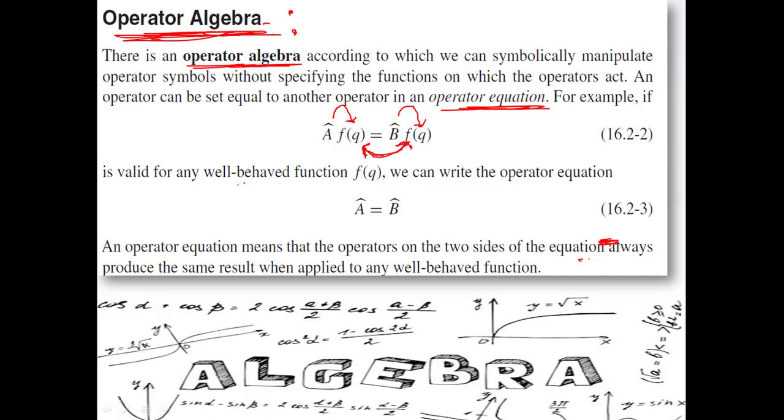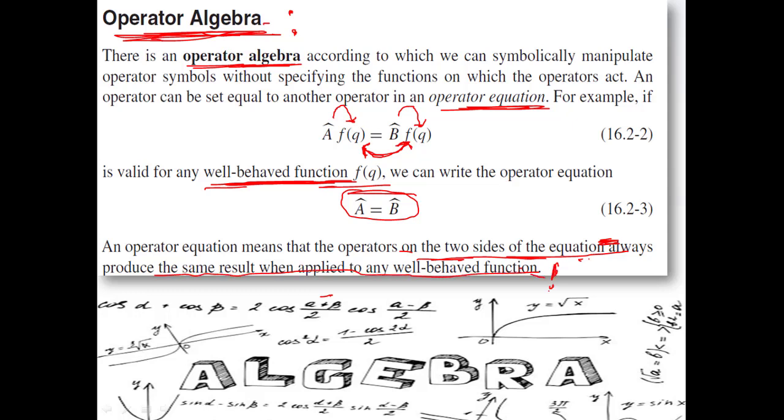Now, the function is said to be well-behaved only if operator A equals operator B. That means the two sides of the equation always produce the same result when applied to any well-behaved function.